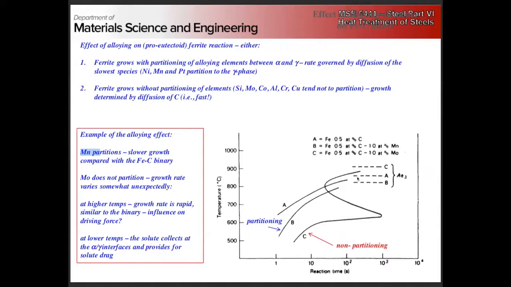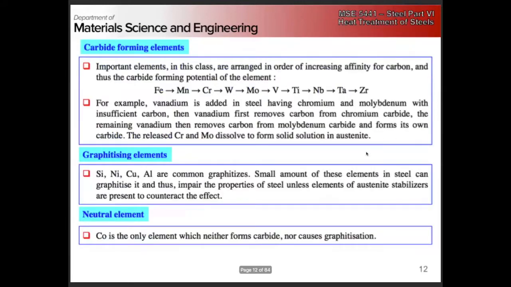Up here we'll have ferrite pearlite. All right, so we're keeping the carbon concentration the same, but we're changing the alloying elements and drastically changing our TTT curve, CCT curve, right? And this is just at 1% of each of those elements.